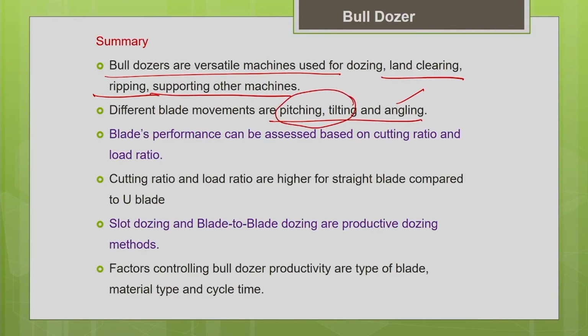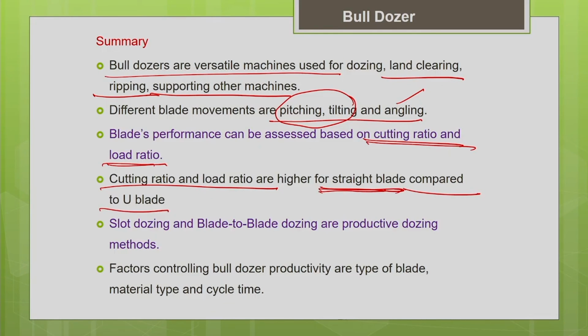According to the type of connections, the blade movements will vary, and you can assess the performance of the blade using parameters like cutting ratio and load ratio. We discussed that if the dimension of the blade is smaller, the cutting ratio and load ratio will be higher. So for the straight blade, as it is smaller, the cutting ratio and load ratio are higher when compared to the U blade.